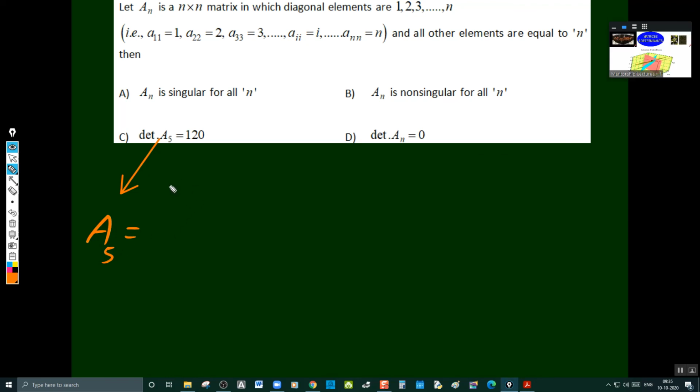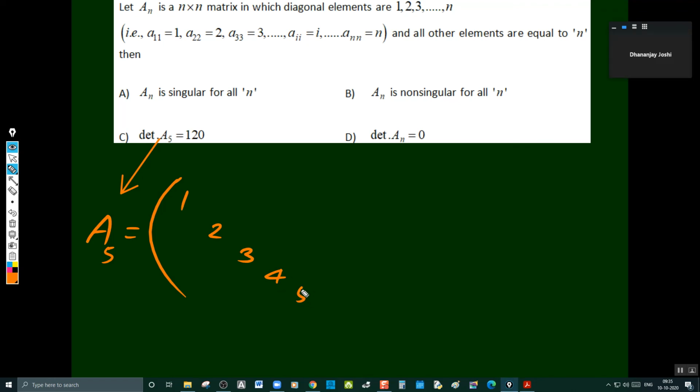Rajat, A5 I'm writing here: A11, A22, A33, A44, A55. So factorial will come.